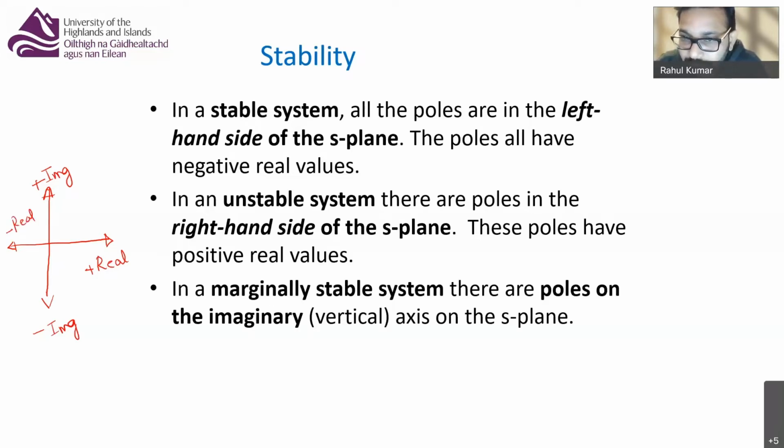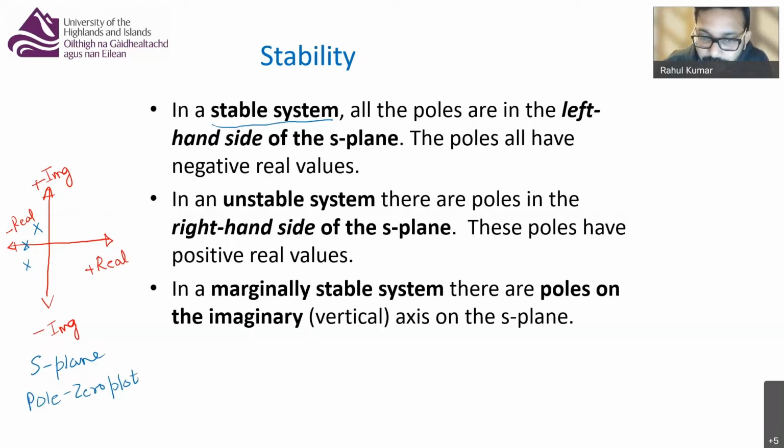So if all the poles of my system are on the left hand side, meaning this side, of my S-plane or pole zero plot, then my system will be stable.